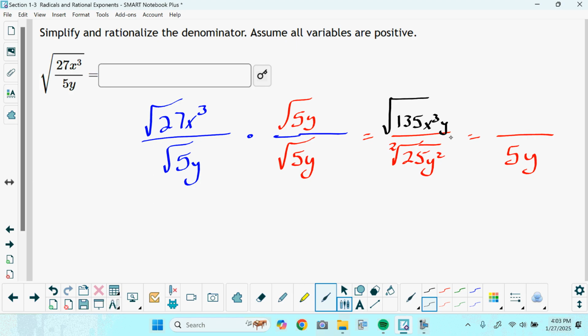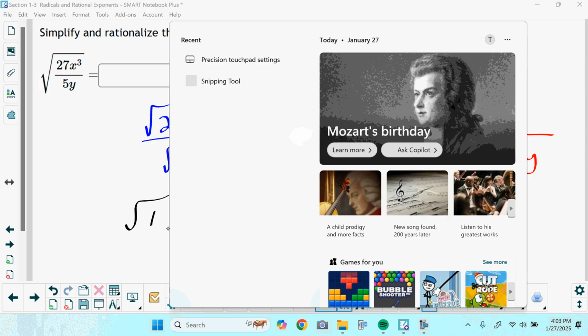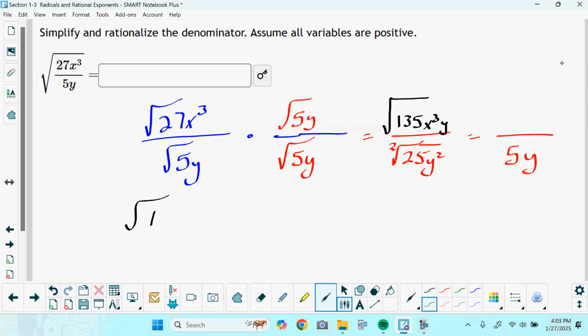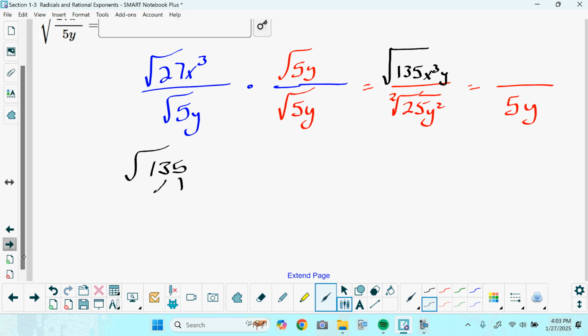And you can simplify square root of 135. Well, I can split that down into, let's see, will 4 go? No. 9 will go, and it'll go 15 times.